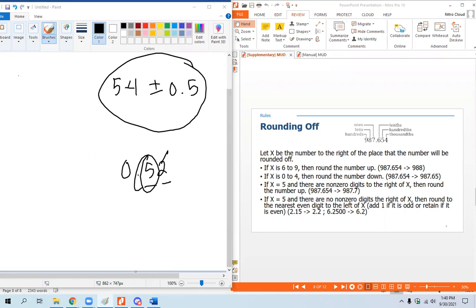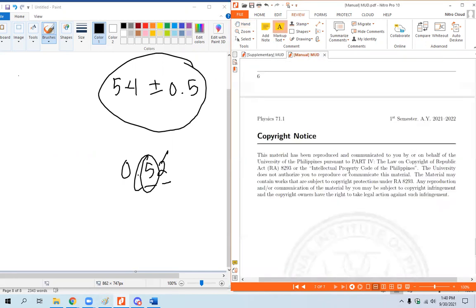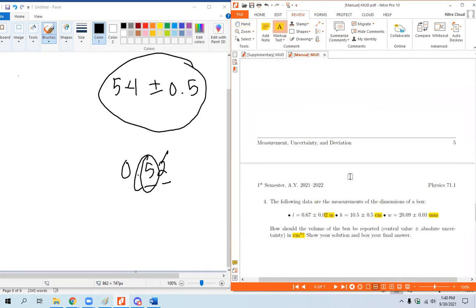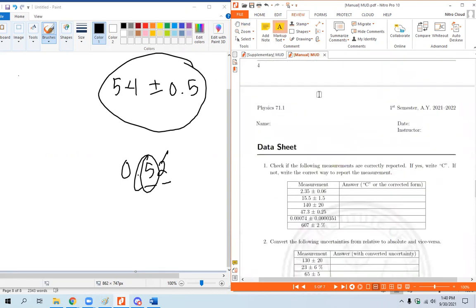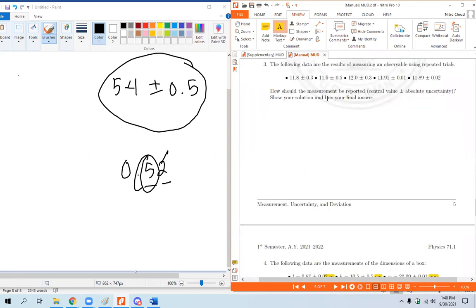So for the rest of the time, if wala nang questions, meron pa ba? Okay, mukhang wala naman na. For the rest of the time, you can use it to answer the course material, this manual here, para magawa nyo na as a group. You can use the communication channels given to you, Discord, or you can set up your own.